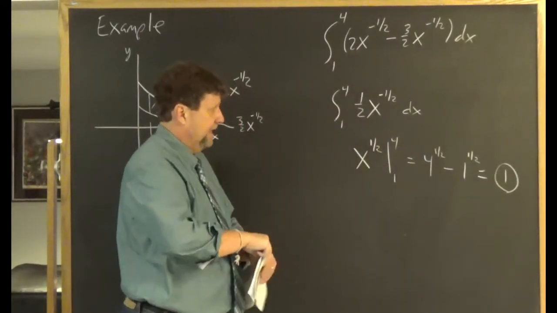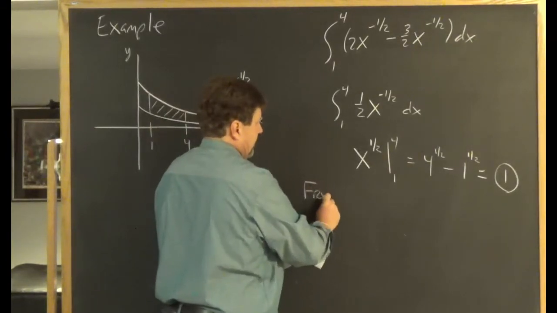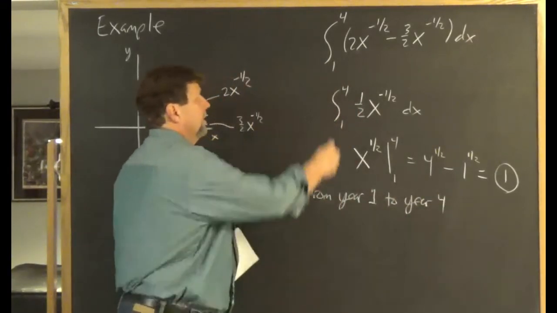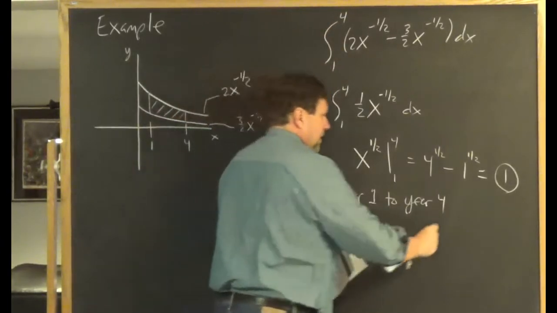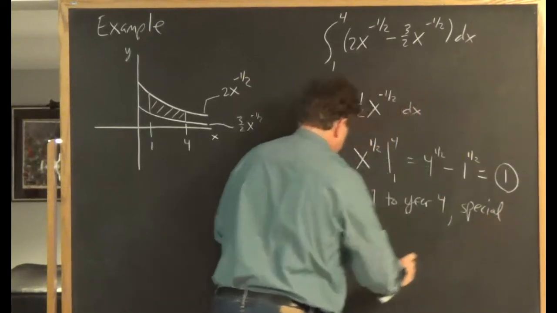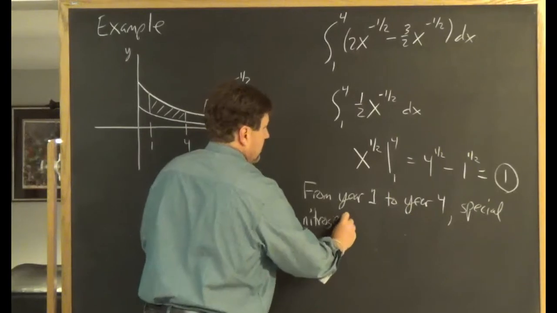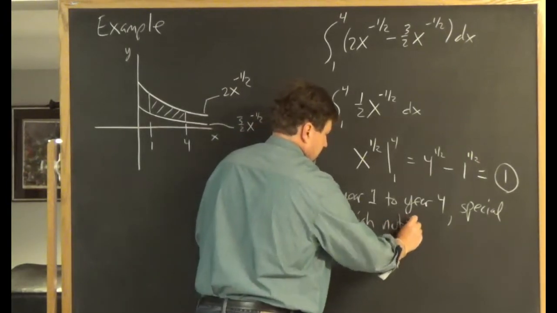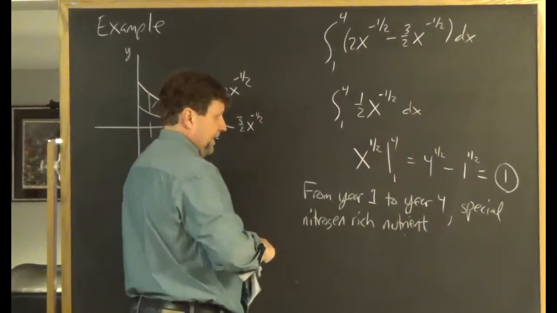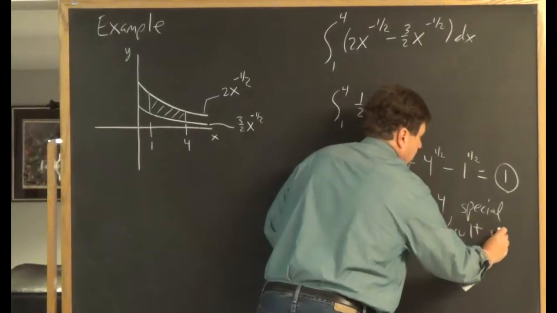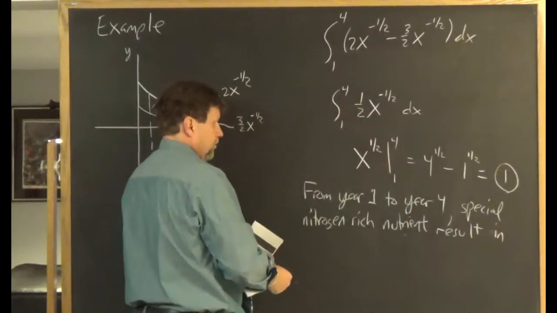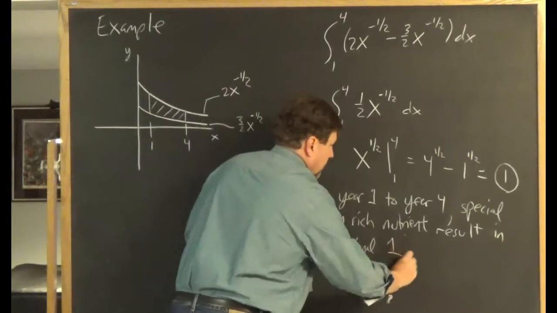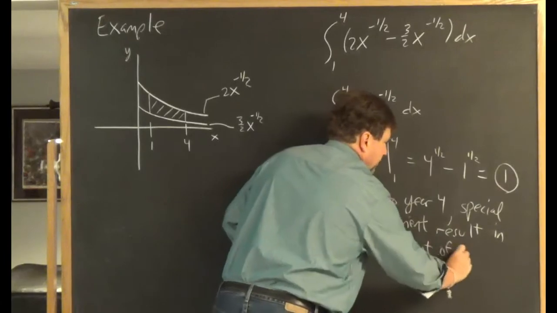So what this tells us is that, from year 1 to year 4, the special nitrogen-rich nutrient resulted in an additional 1 foot of growth.